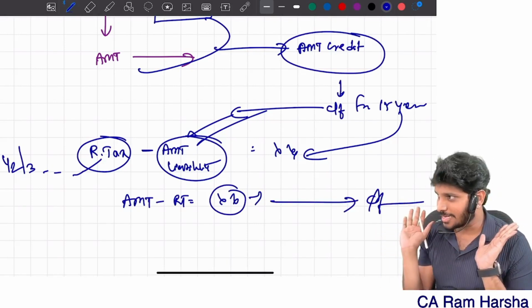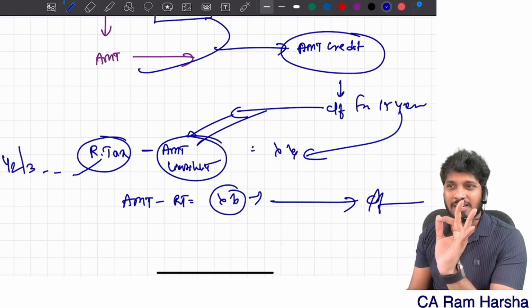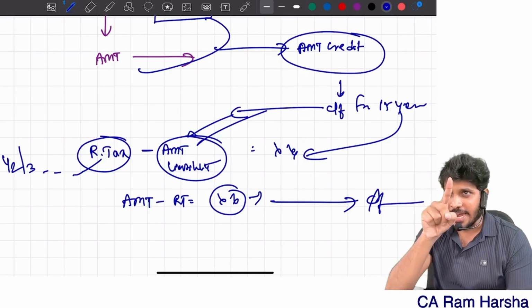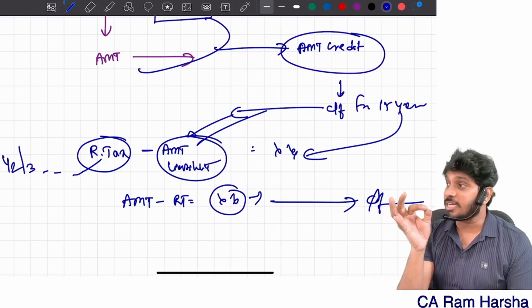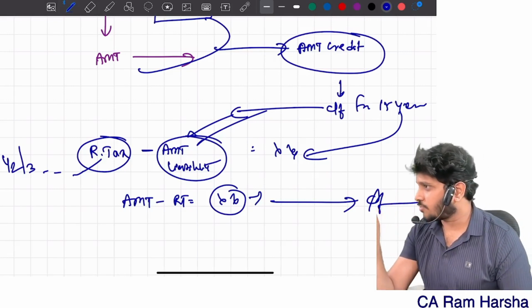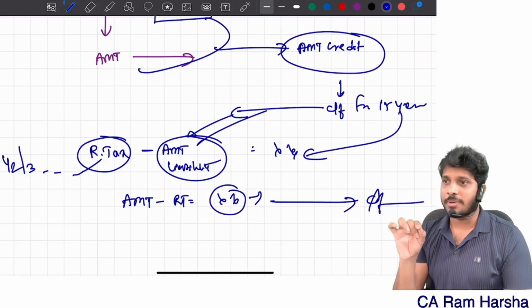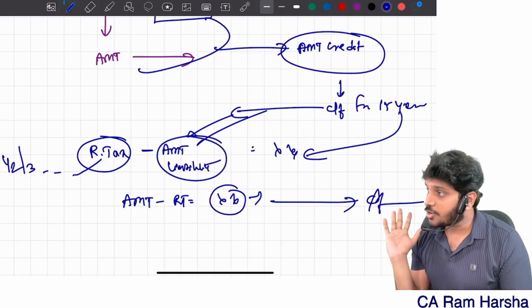Are you getting it? All of you? Simple. What is alternate minimum tax? Adjusted total income you compute. On that adjusted total income, apply 18.5% tax plus 4% cess. All that you apply. Then whatever tax you get is called AMT. Are you clear?